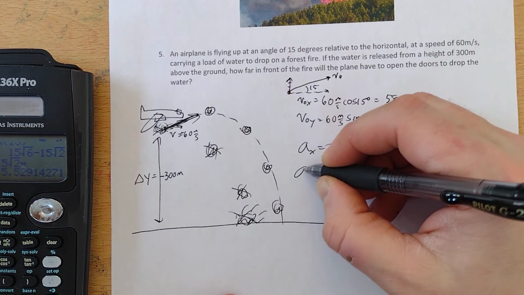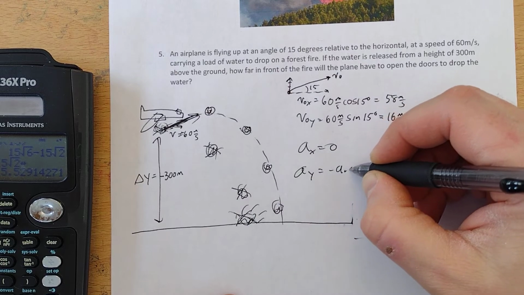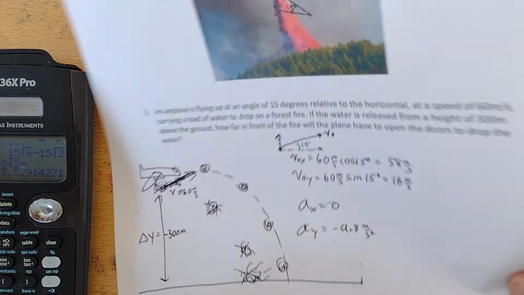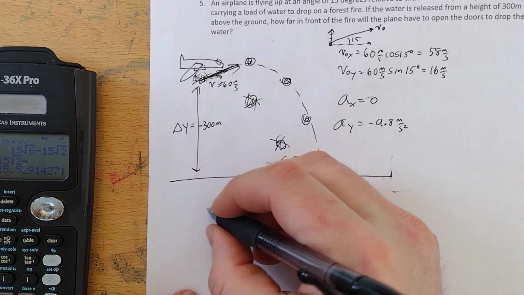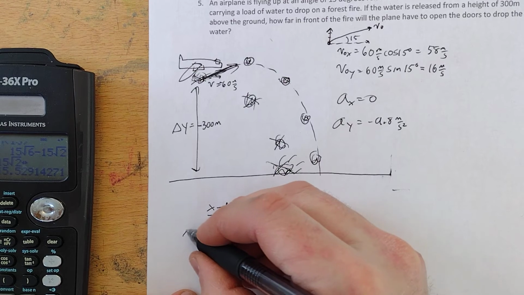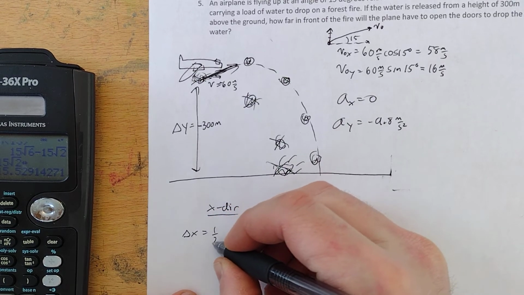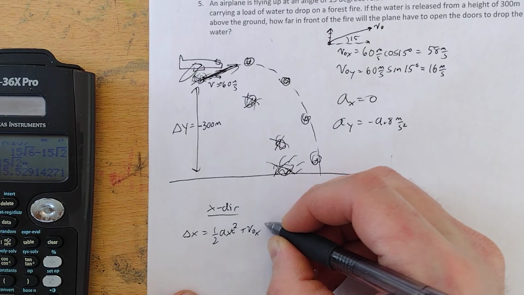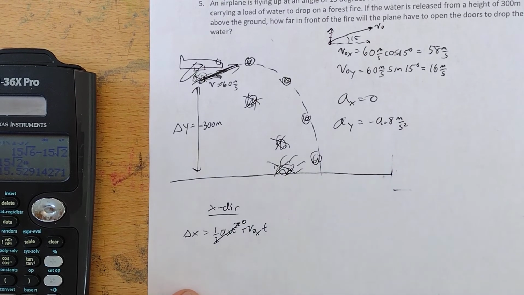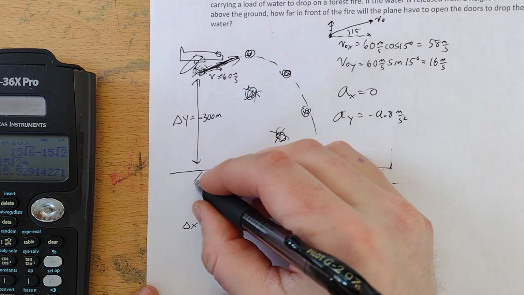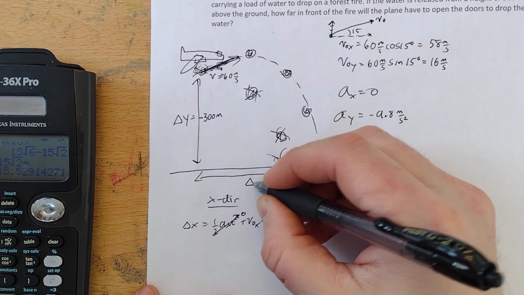ax is 0, ay is negative 9.8 meters per second squared. So I'm going to make down the negative direction here. So, x direction, we've got delta x equals 1/2 ax t squared plus v naught x t. That term is just 0. All right, so delta x is how far forward it's going to move while it's falling.